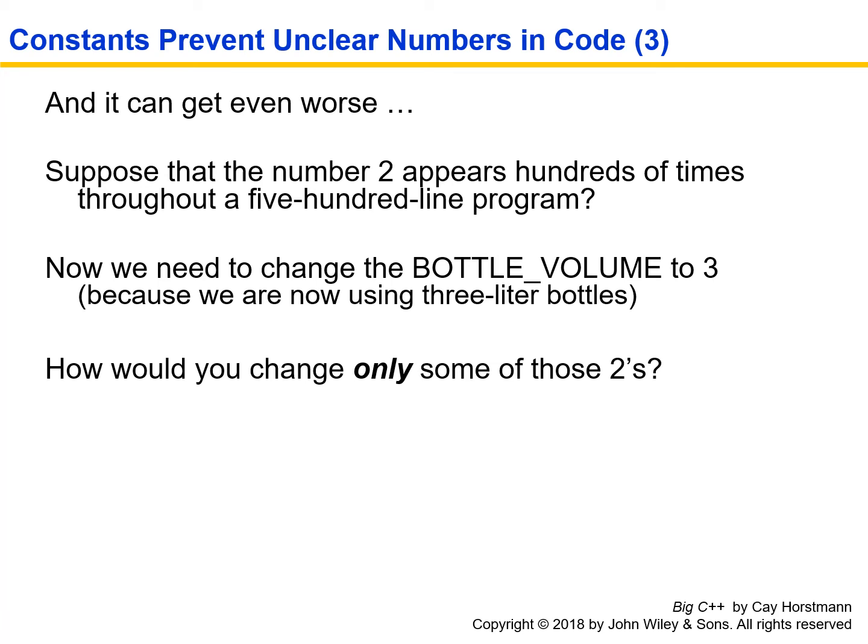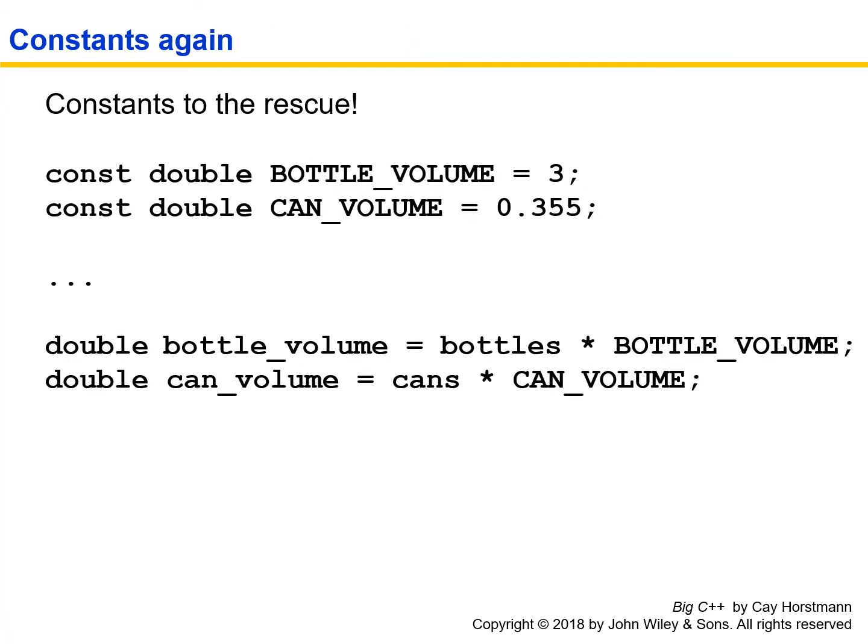You can't do a find and replace and just change some of the 2's. So you're going to have to read through your entire code and change just the ones where the 2 means a volume of a bottle to 3. Suppose instead you had const double bottle volume equals 2, and you could change it to const double bottle volume equals 3. Now you're able to change one line of code and effectively maintain the entire source code for your project.